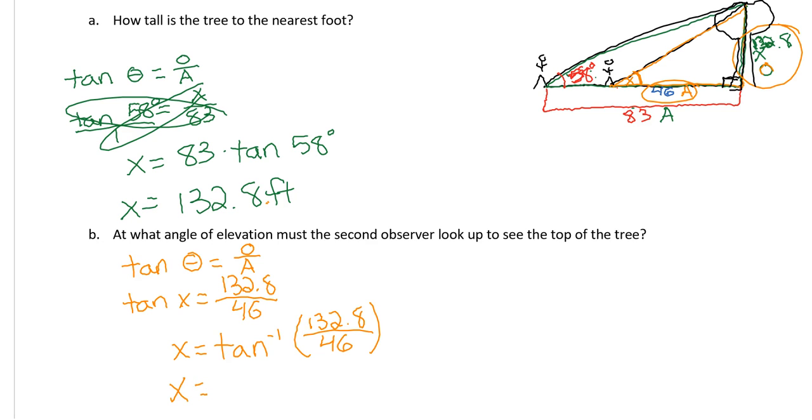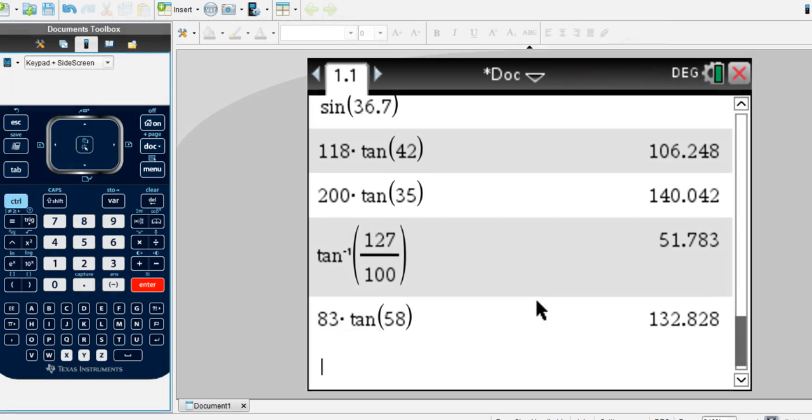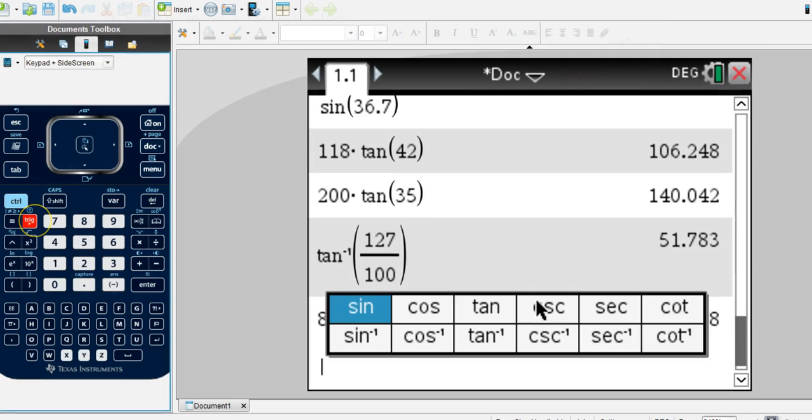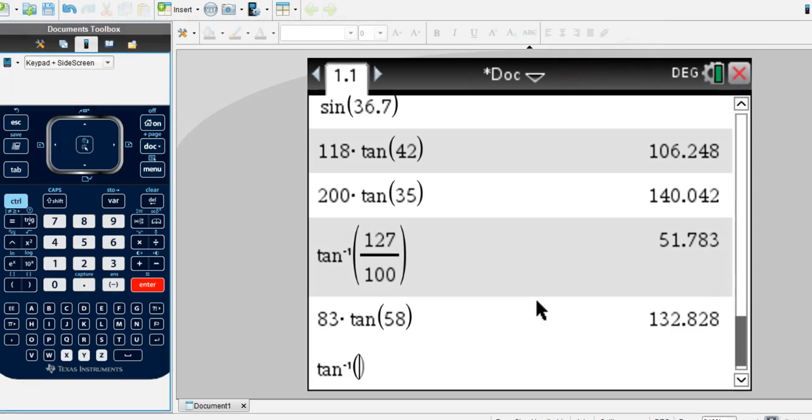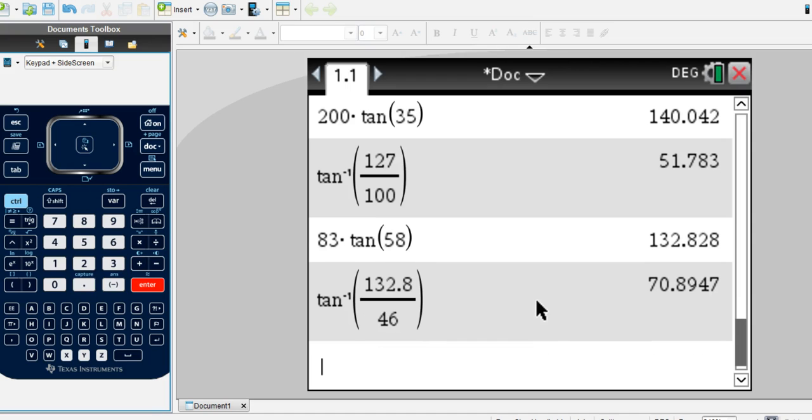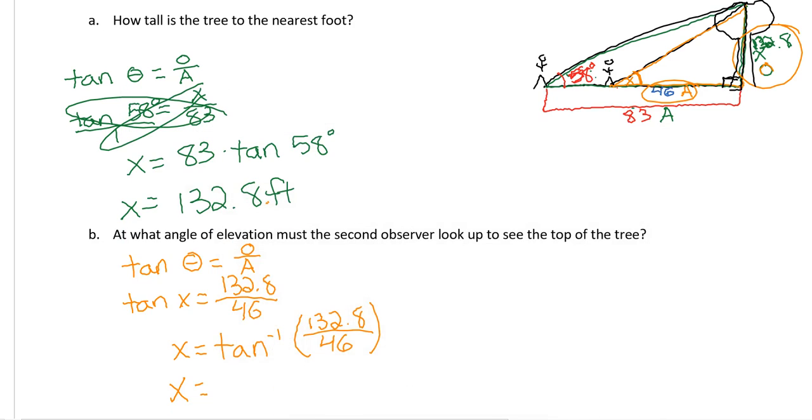So the inverse tangent of that is 70.9, or we'll just round up to 71 degrees. Why not? Okay. So he's looking up at an angle of 71 degrees, which makes sense.